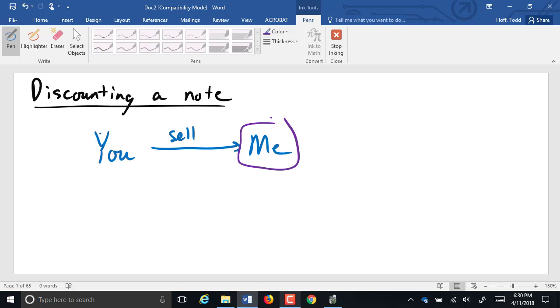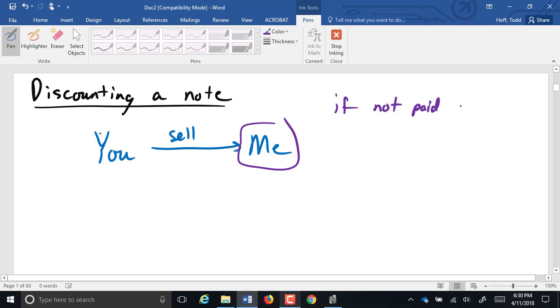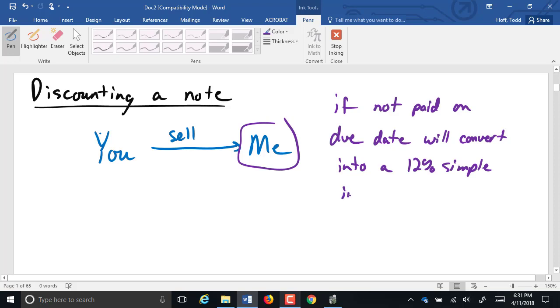And it'll say in the small print, the fine print on that invoice, if not paid on due date, will convert into, usually they do something outrageous like a 12% simple interest note.